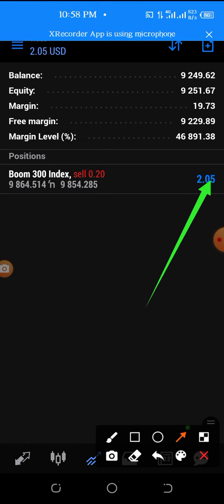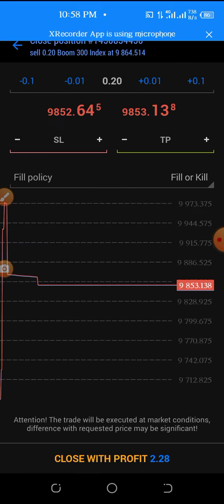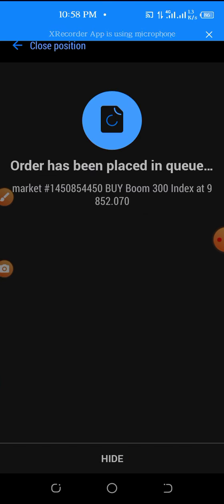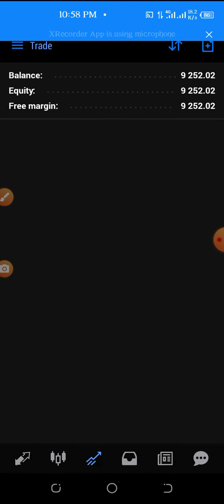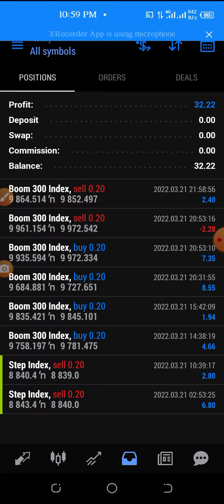Then click on this first symbol that has a gain on it and say close with profit. Then click on it, say done. Come back to your chart, then go to your symbols, all symbols. You see the gain you have made. That is all. Then go back to your chart.